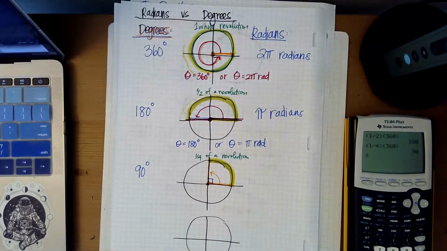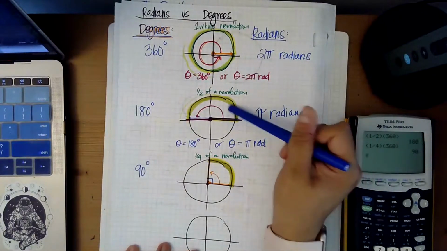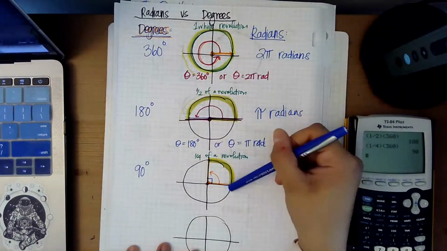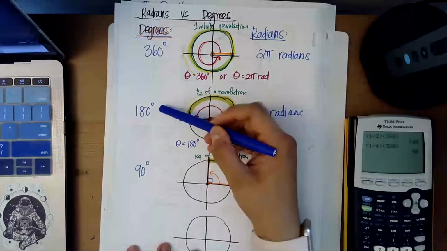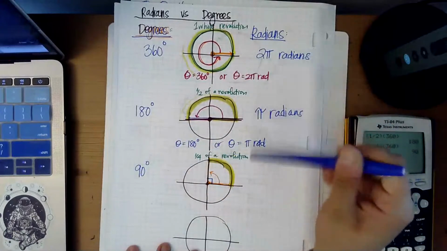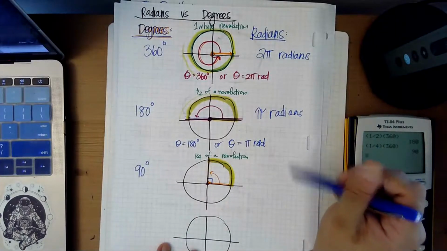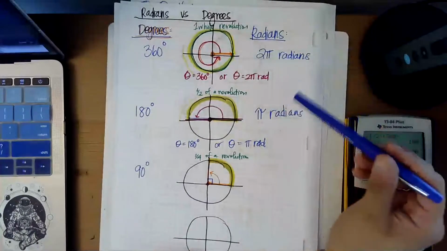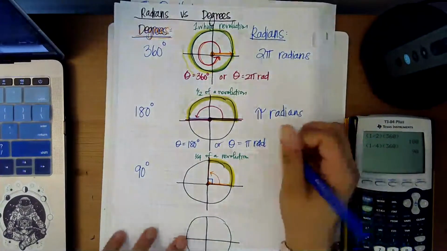Okay. I can also use this as my anchor analysis. If this was half and this is 1/4, isn't this right here half of this guy? So what's half of 180? 90. Same thing over here. If this is 1/4 of that, what's 1/4 of 2 pi? That would give me 2 pi over 4, which gives me pi over 2.